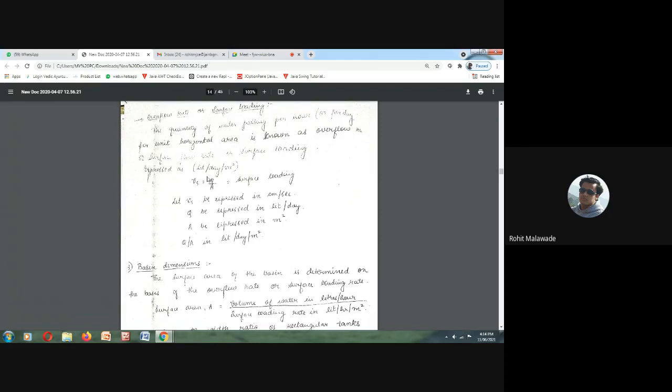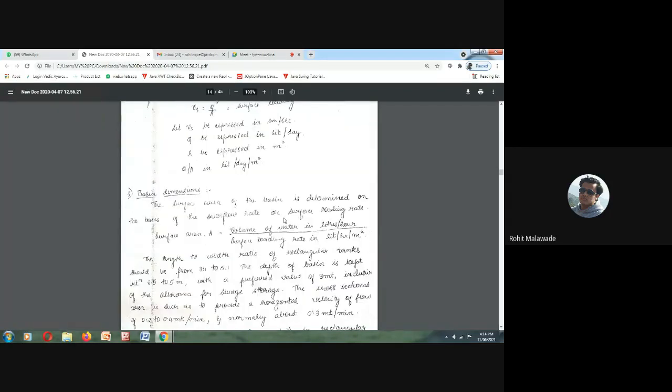It can be given as Vs is equal to Q divided by A. So overflow rate can be given by Q by A. It is going to be in terms of liter per day per meter square.